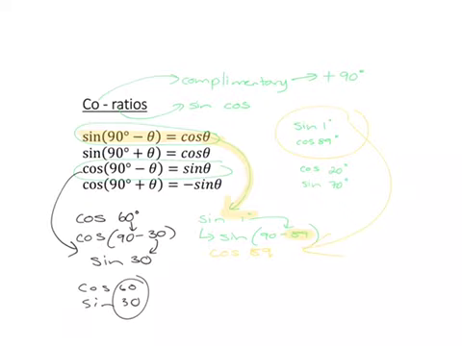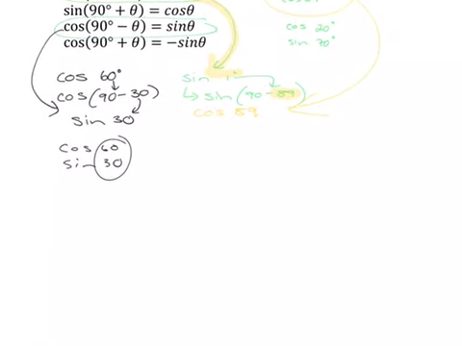When we're working with the 90 plus, the cos of, let's say, 110 is the same as saying cos of 90 plus 20. That is how we got on the previous slide a negative sine of 20.